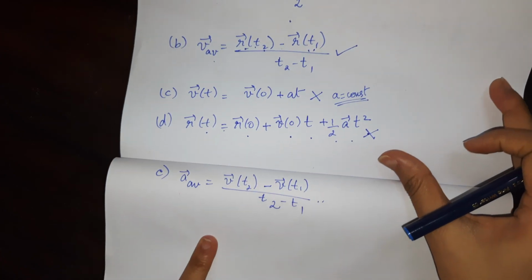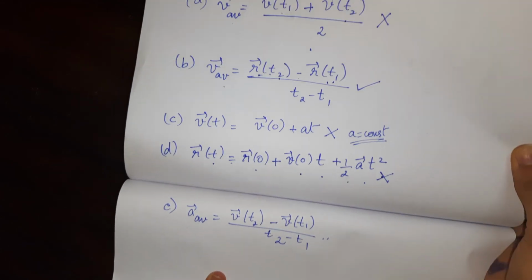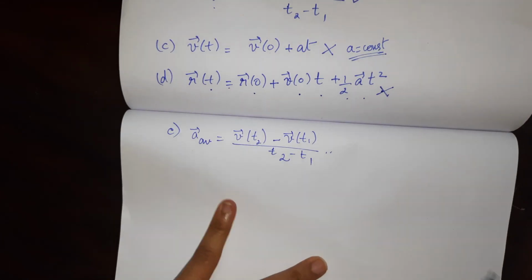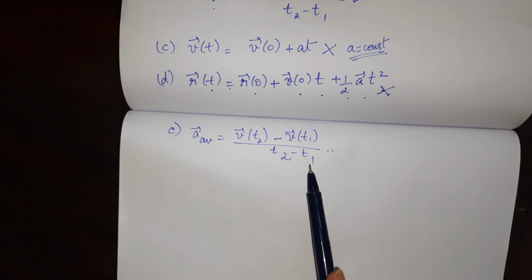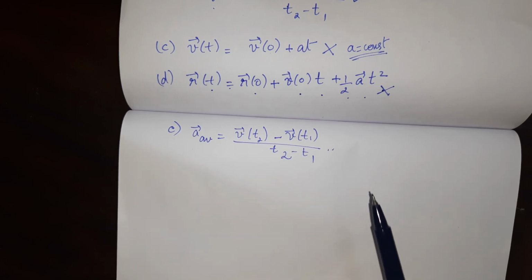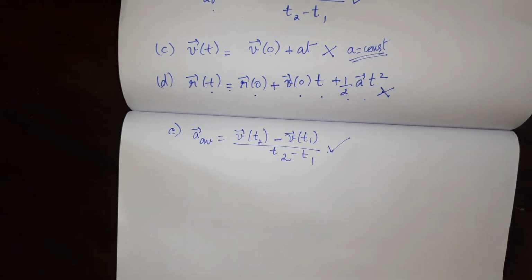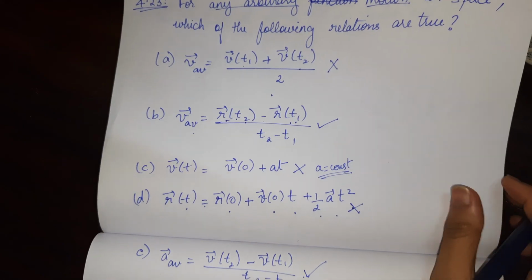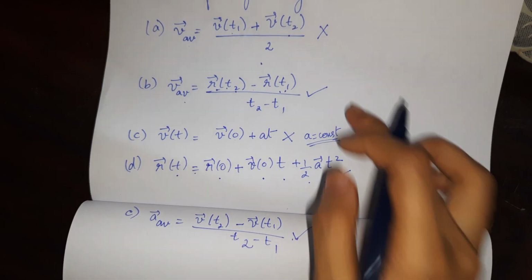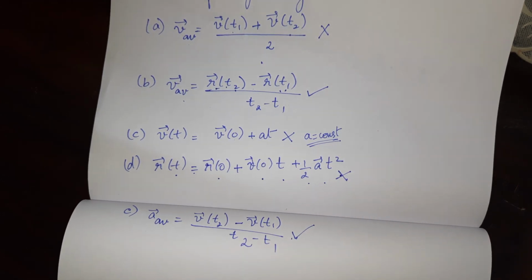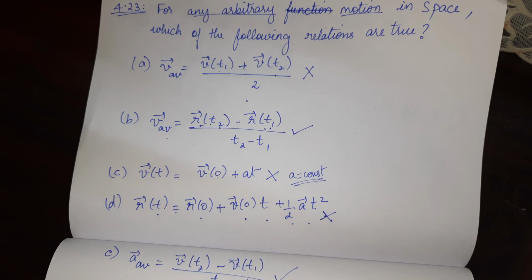Then what about the last relation? A average is equal to V at t2 minus V at t1 divided by t2 minus t1. So this once again is the basic definition of acceleration. It is true for all types of motion. So the answer will be only B and E are true. All the other relations are wrong.